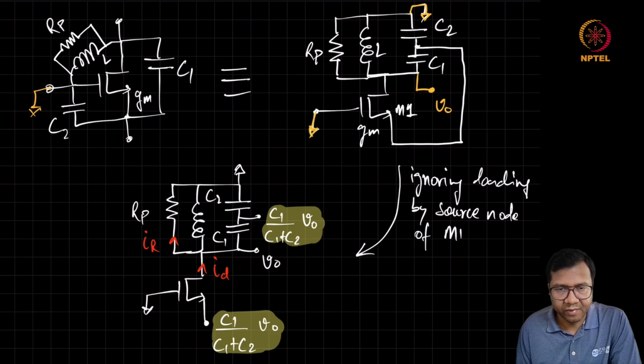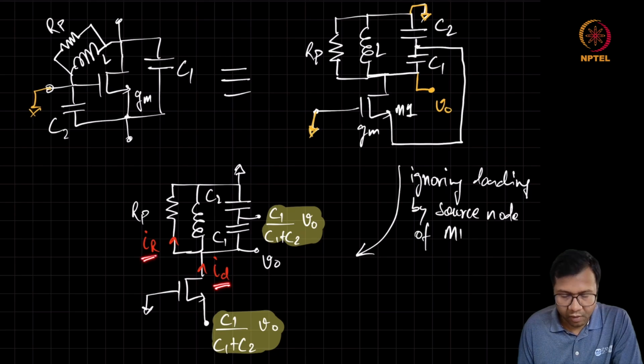And if we want this oscillator to start, then this ID should be more than IR at the starting point. And in steady state, because of non-linearity of this MOSFET, we'll find that this fundamental ID component will be equal to the IR component here.